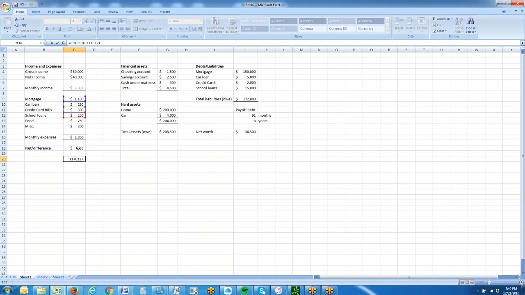So now I'm going to add our savings into what we're paying, our payoff, and look. So it went from, if I hit back, went from 91 months to 72 months, or it went from 8 years to 6 years just by taking our savings and using it now to pay off our debts.